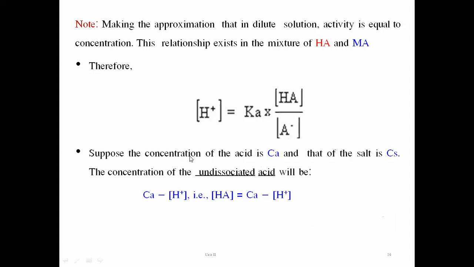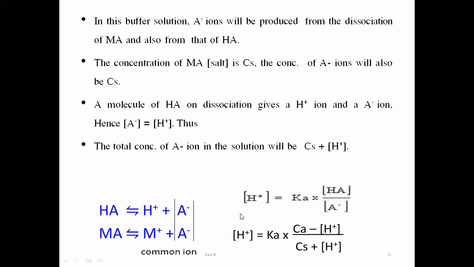Then we assume the concentration of acid is Ca and the concentration of salt is Cs, so the concentration of undissociated acid will be HA = Ca minus H+ ions. So this is the undissociated form of the acid.